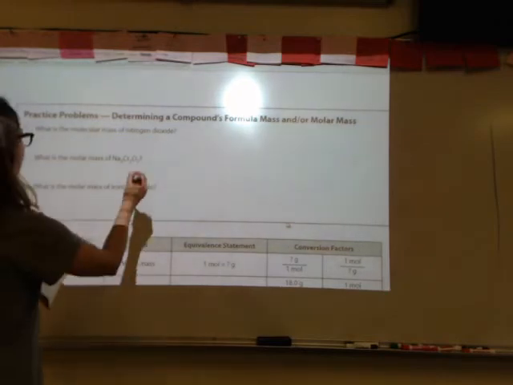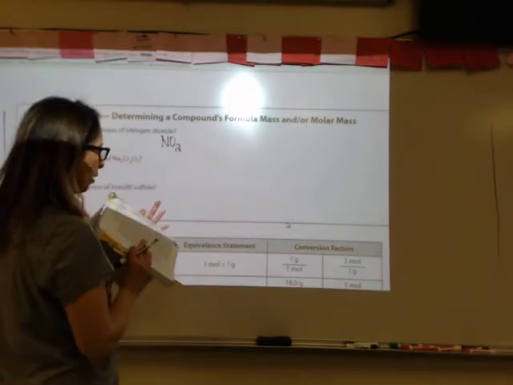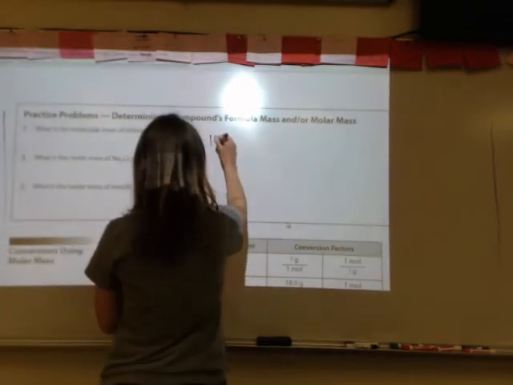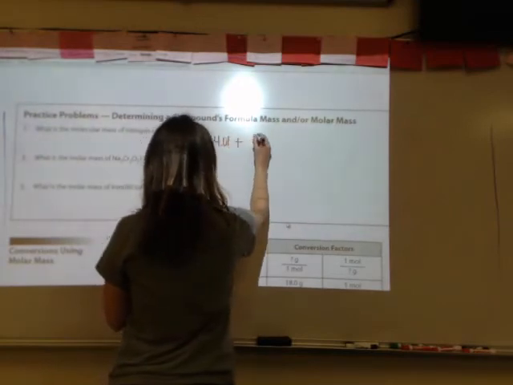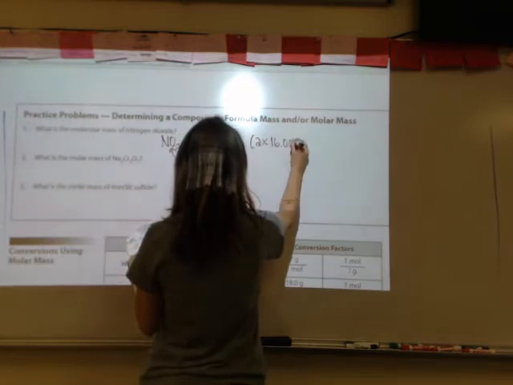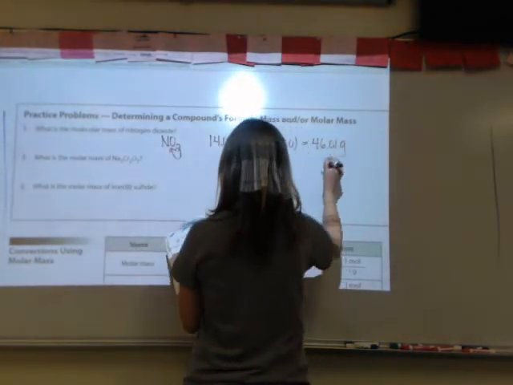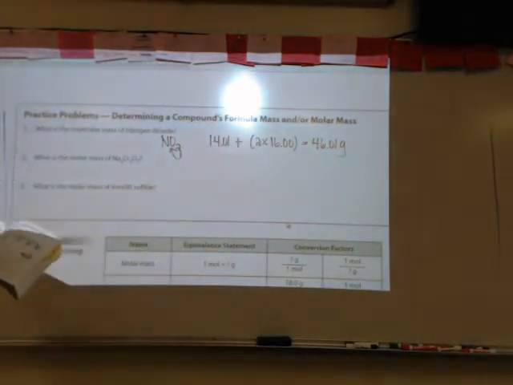So here I've got nitrogen dioxide, which is NO2. On the back of your book, nitrogen is 14.01. I have 2 oxygen in this formula here, so 2 times 16 from the back of your book. And 46.01 is the atomic mass or the molar mass or the formula mass for NO2.